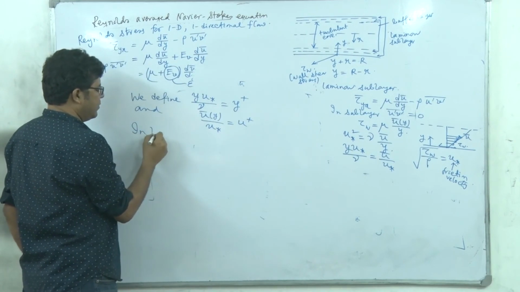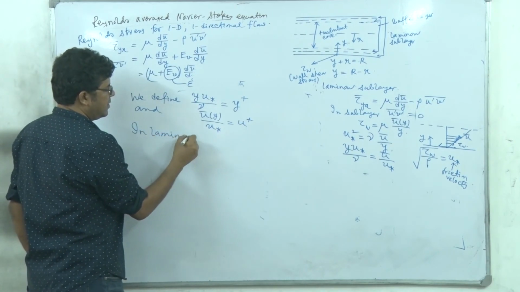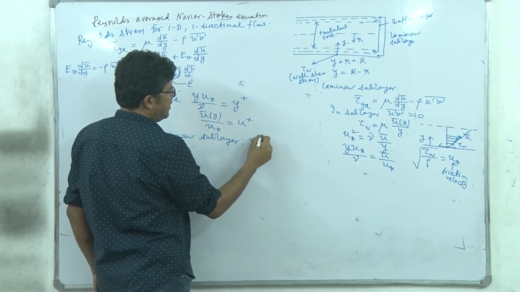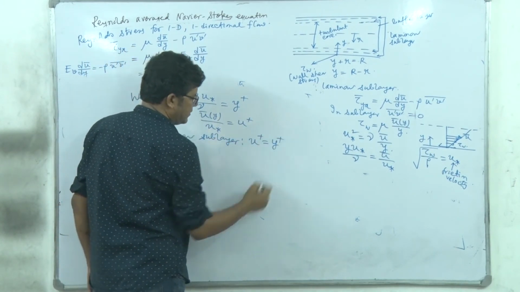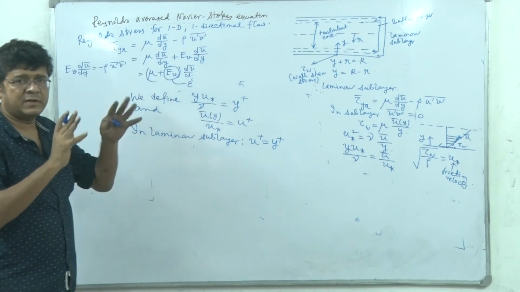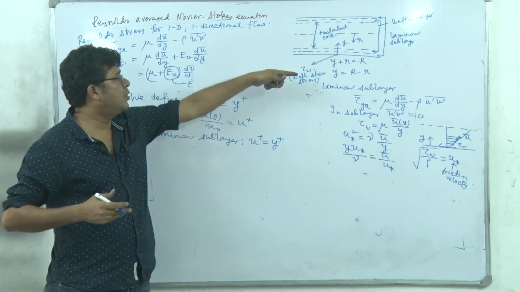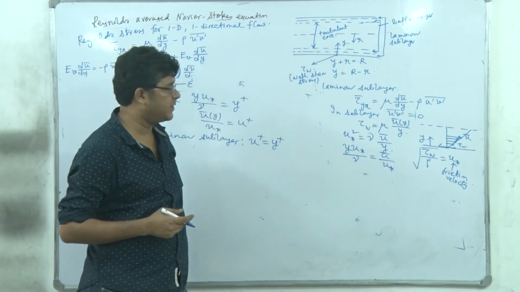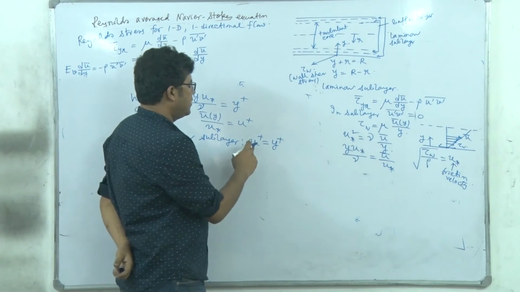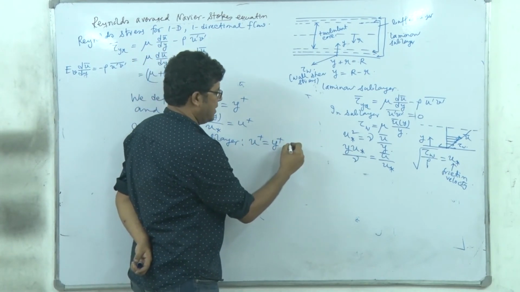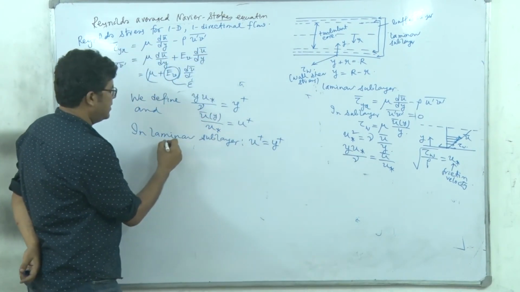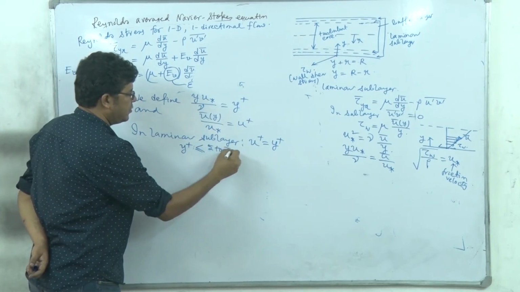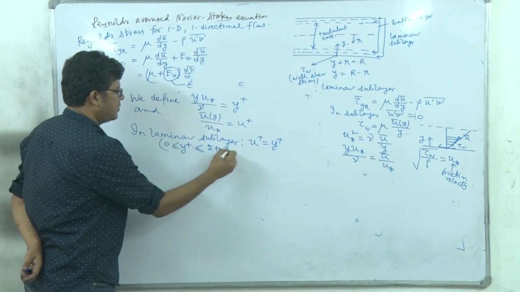So in the laminar sublayer we have u plus is equal to y plus, right? In turbulent flow, theoretically, there will be no single velocity profile. The velocity relation in different layers will be different. So there will be three different equations. So u plus equal to y plus in the laminar sublayer, which ranges from y plus greater than 0 to less than 5 to 7, right?